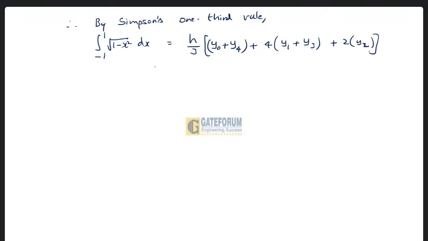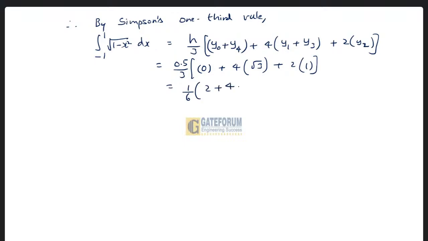Now h value 0.5 by 3 into y0 plus y4, 0 plus 0, 0, plus 4 times y1 plus y3, root 3 by 2 plus root 3 by 2, plus 2 into y2, which is 1. 0.5 is 1 by 2, so 1 by 6 into 2 plus 4 root 3.